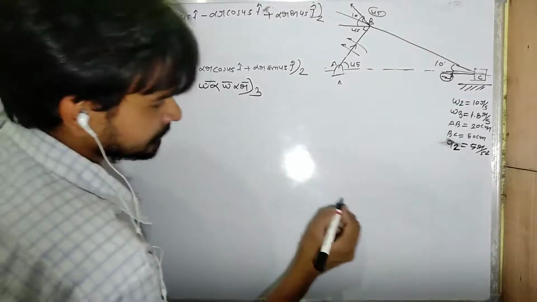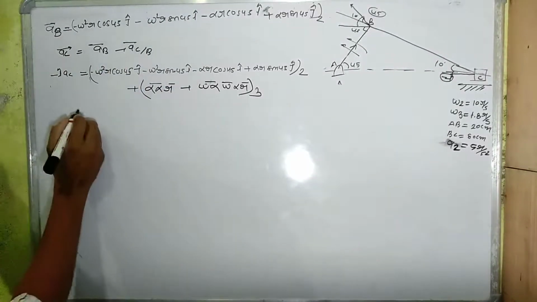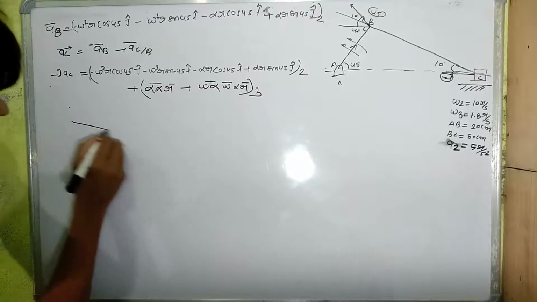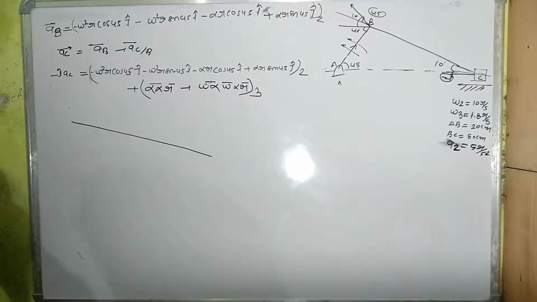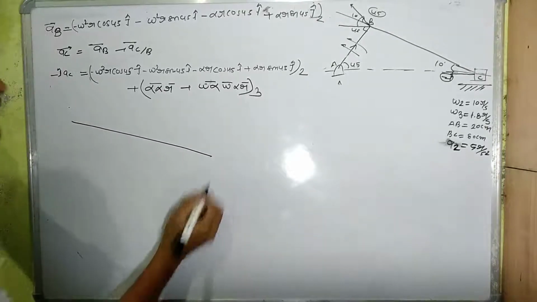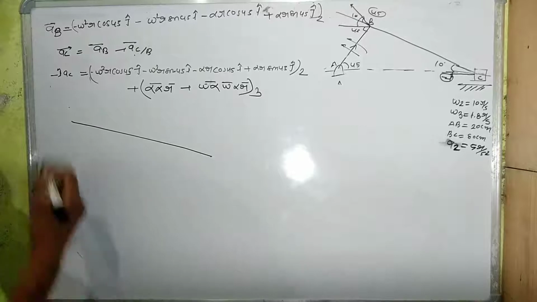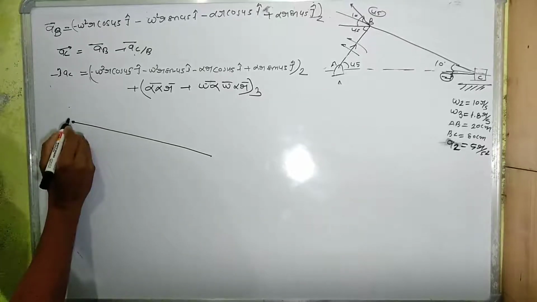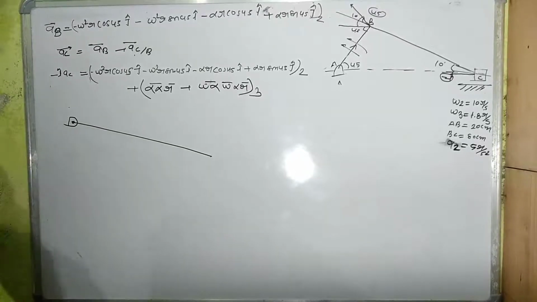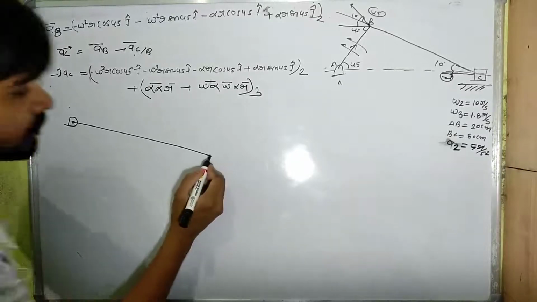So look at here, this is your link 3. Now acceleration of C with respect to B, that means you have to fix B and look at C. I am going to fix B and locate C. So point C is here.